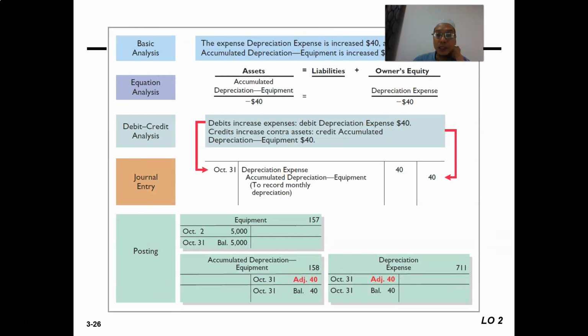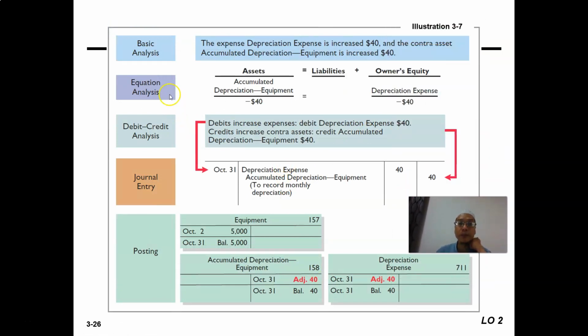Okay, so let us see some basic analysis. The depreciation expense is increased by $40 because we have used up the equipment for 1 month. The expense is increased, but the accumulated depreciation is also increased, because the amount that we want to reduce from our asset is accumulated depreciation, and that has increased by 40.